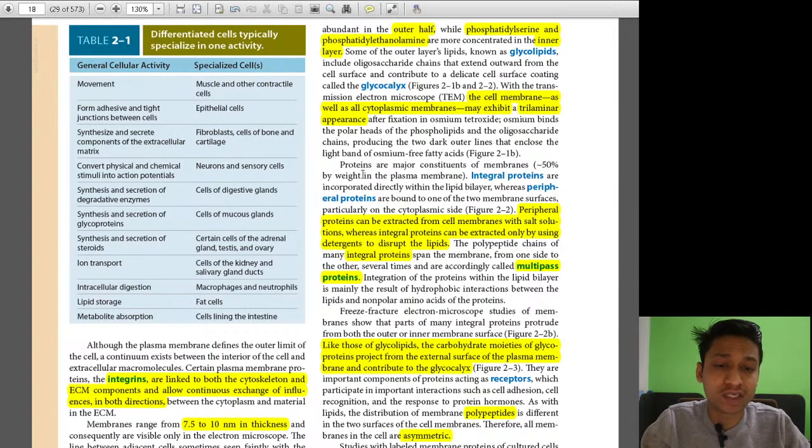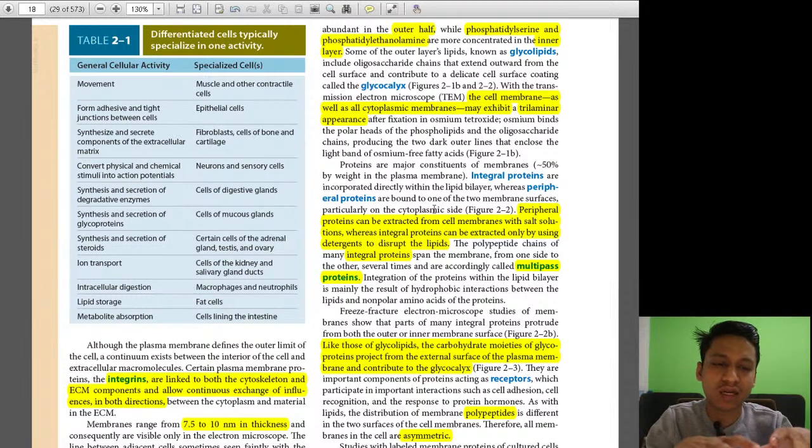Proteins are a major constituent of membranes. Almost 50% by weight of the plasma membrane is protein. Important: integral proteins are incorporated directly within the lipid bilayers, whereas peripheral proteins are bound to one of the two membrane surfaces, particularly on the cytoplasmic side. Guys, this chapter is going to be very correlated with the knowledge we studied already in pre-med. The cell membrane was widely discussed in pre-med chapters as well.